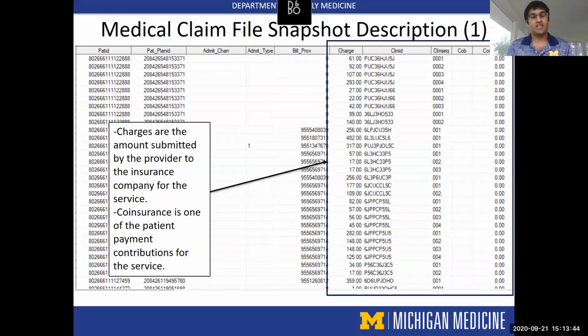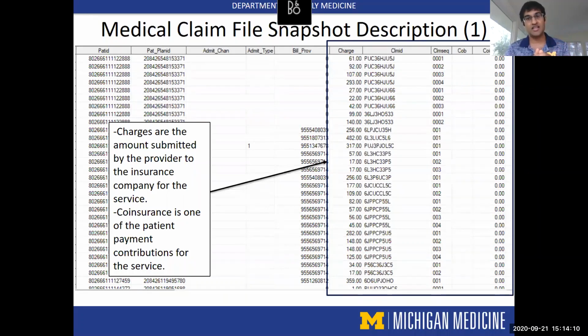In addition to the enrollment file and the diagnosis and procedure files, we have medical claim files, as I was discussing. The key component of the medical claim files is that this contains a lot of the financial information. So in this particular snapshot, for every patient ID, you can think of this as almost like an invoice.